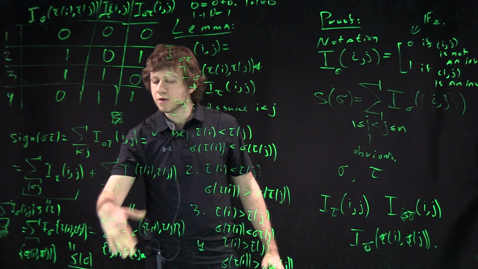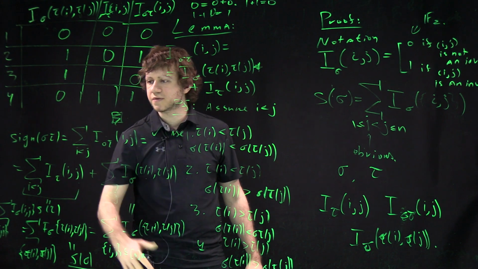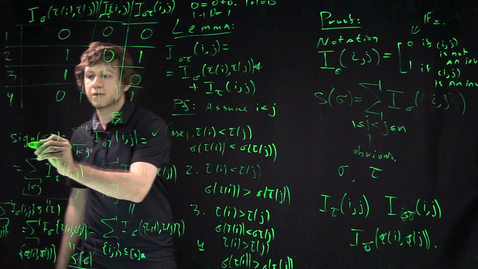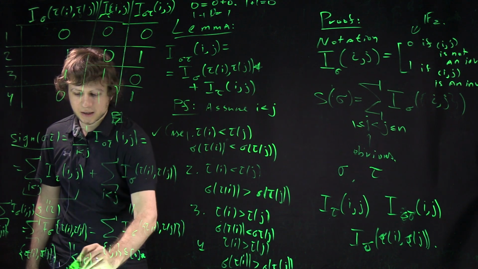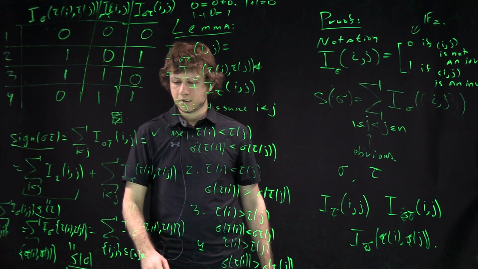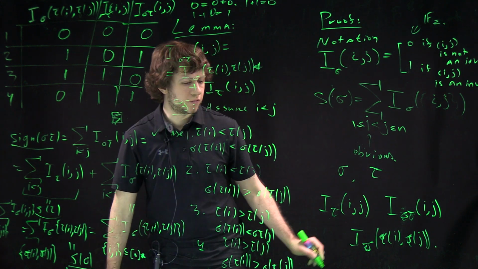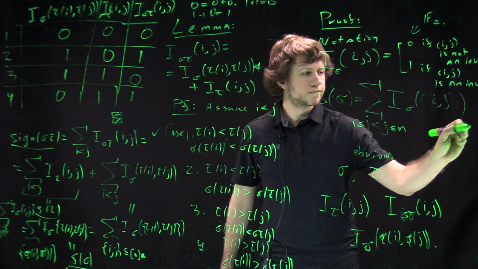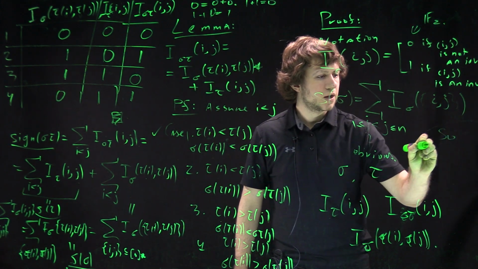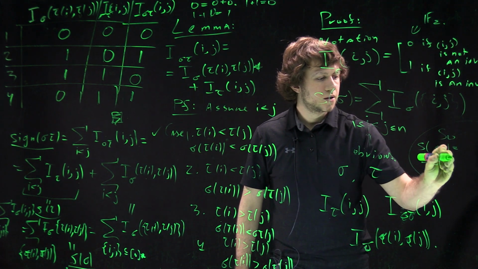So in this way, using basically commutativity and associativity of addition, you see that this is S of sigma, and so you get that sign of sigma tau is equal to sign of tau plus sign of sigma. So this one is it, and the theorem is proven. S of sigma tau is equal to S of sigma plus S of tau.